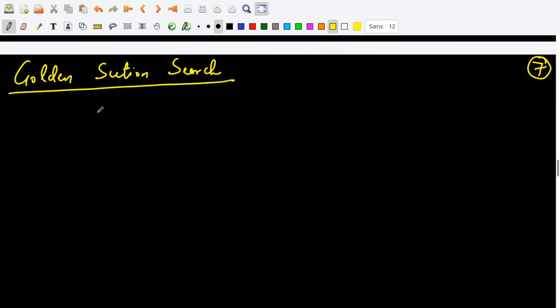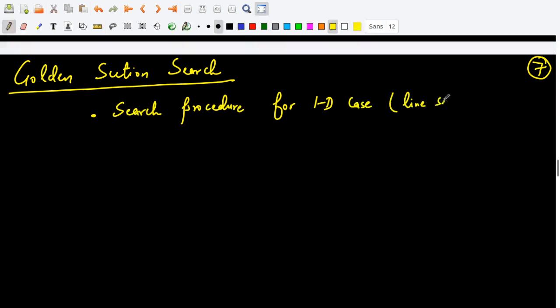This is a search procedure for the 1D case, and that means it can be used for line search as well, because in line search we are searching along a single line in one dimension.